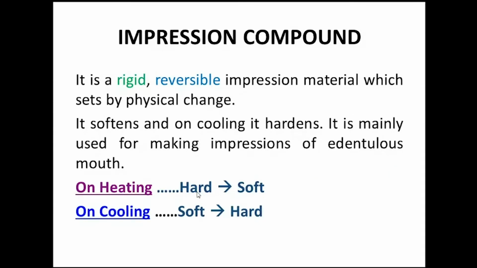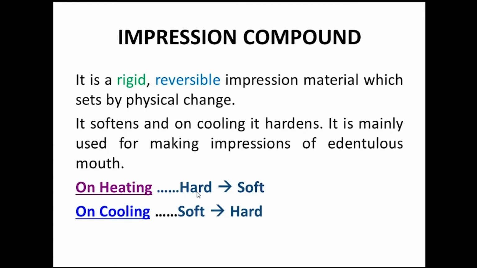The second impression material, which is also rigid, is impression compound. It is a rigid, reversible impression material. Why is it reversible? Because when it is heated, it can change to soft. When it is cooled, it returns back to hard. That means reversible.